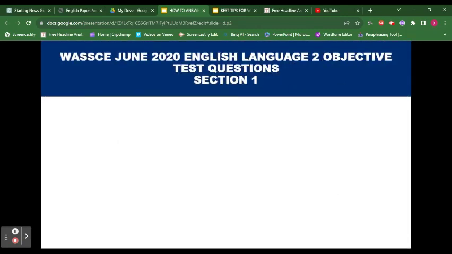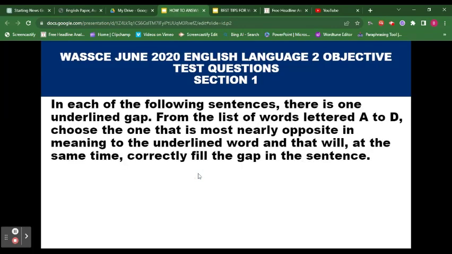Now we are going to illustrate with WASSCE June 2020 English Language Objective Test Questions. Let's begin with section 1. In each of the following sentences, there is one underlined gap.